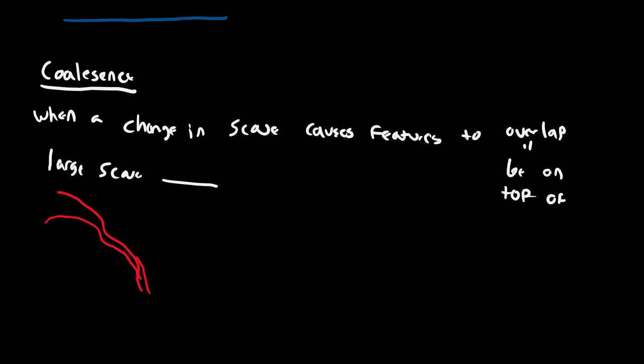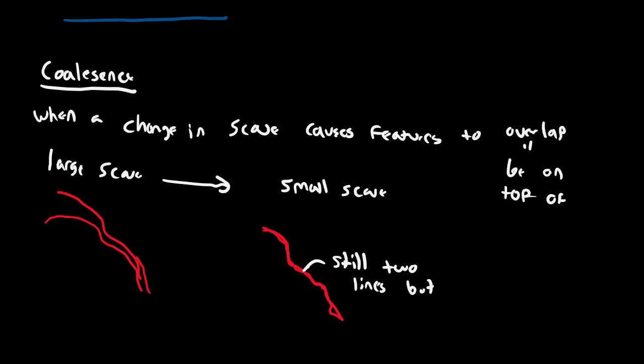But when we transition to small scale, suddenly, because they were so close to begin with, now it's impossible to tell them apart. There's two separate lines here, but you can't tell that. That's what coalescence is. This is still two lines, but they are on top of each other.